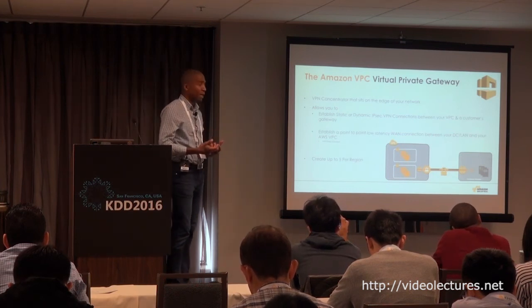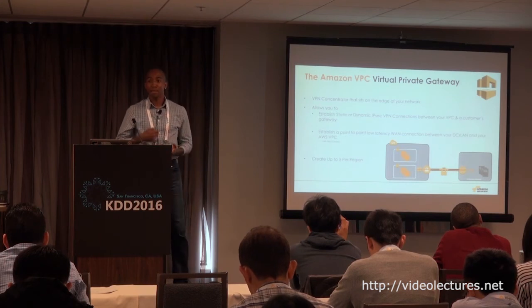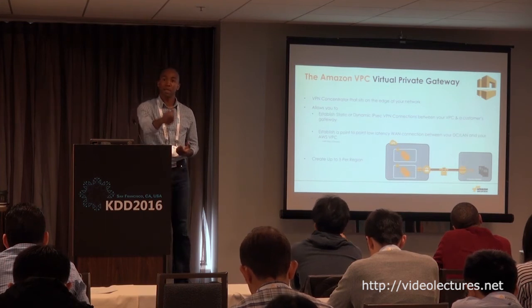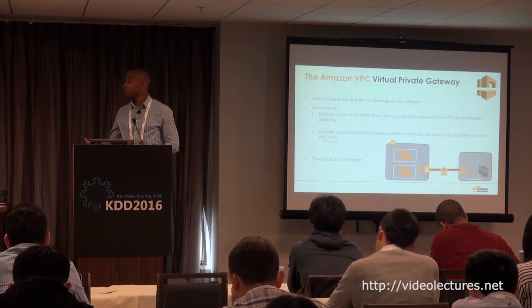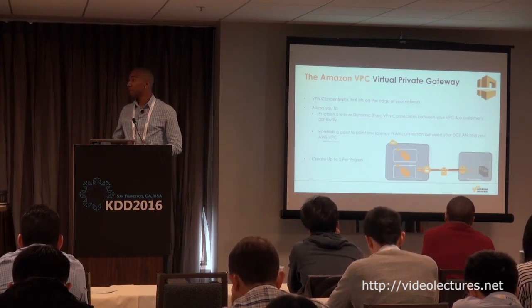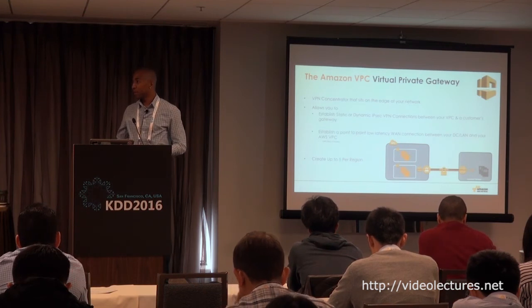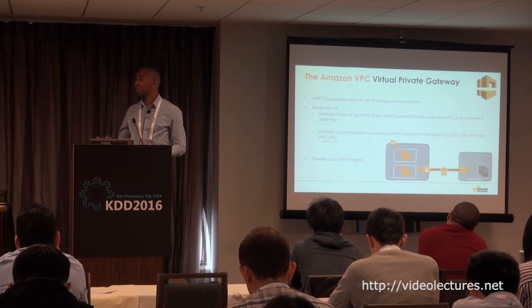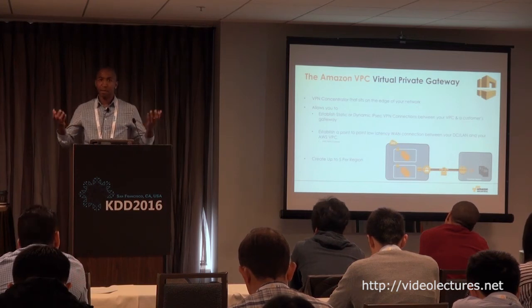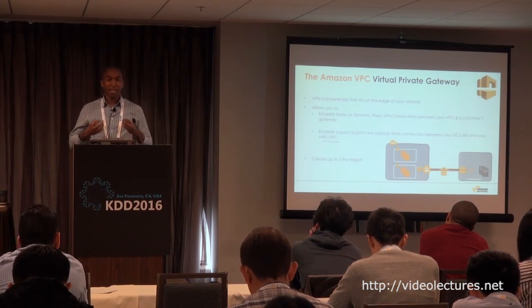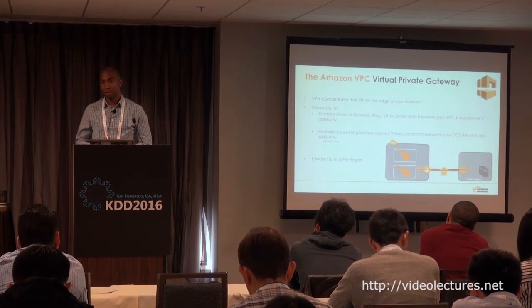And the virtual private gateway allows you to extend your connectivity within AWS. You can build a dynamic IPsec tunnel, or you can build a static IPsec tunnel, leveraging protocols like BGP. Again, the virtual private gateway is not a single entity either.